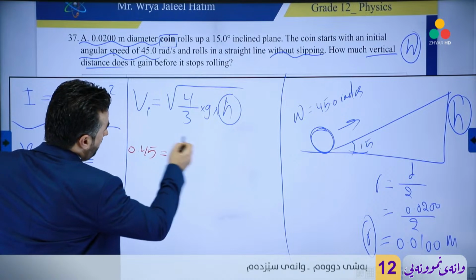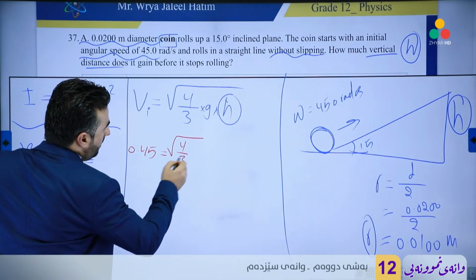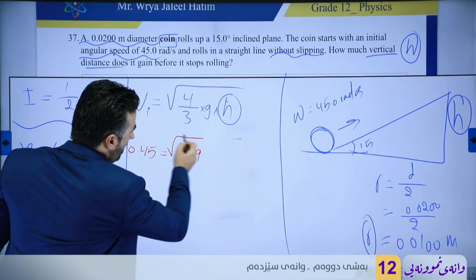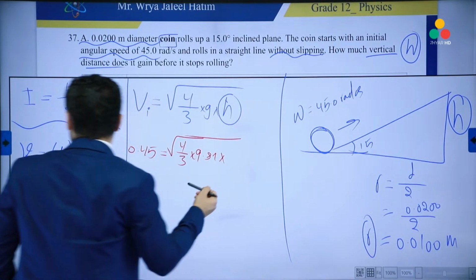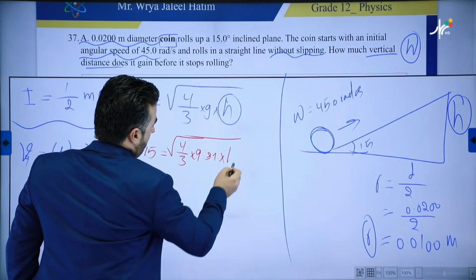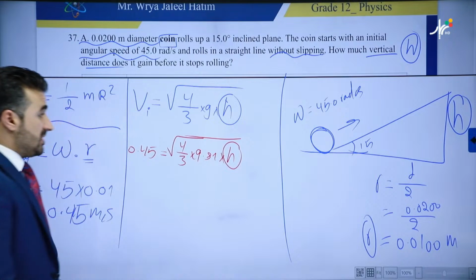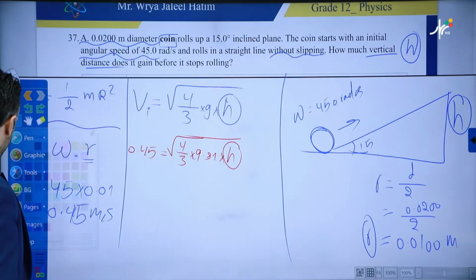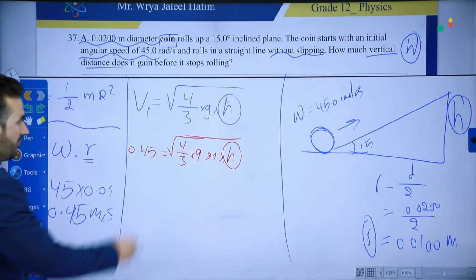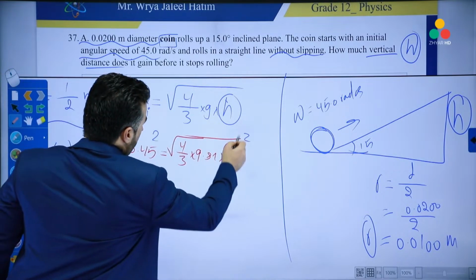So we have 0.45 equals the square root of 4/3 multiplied by gravitational acceleration 9.81 multiplied by the height, which is unknown. We're trying to find this. So how do you find this? Square both sides. Once you square both sides, the square root will cancel out.